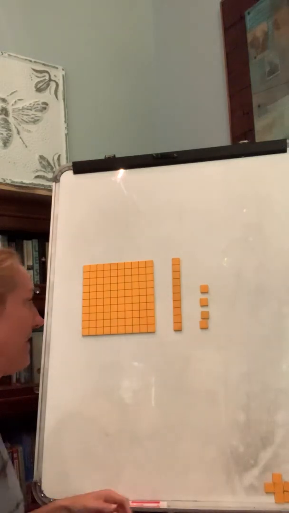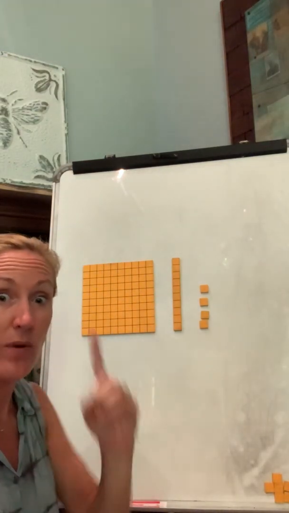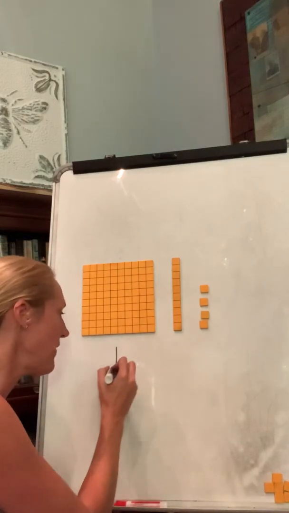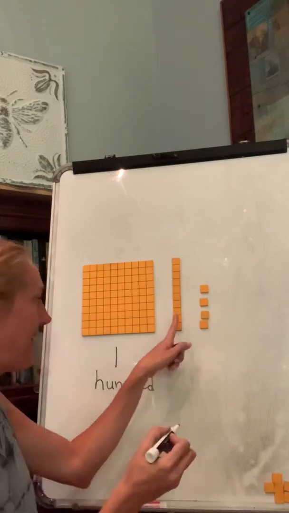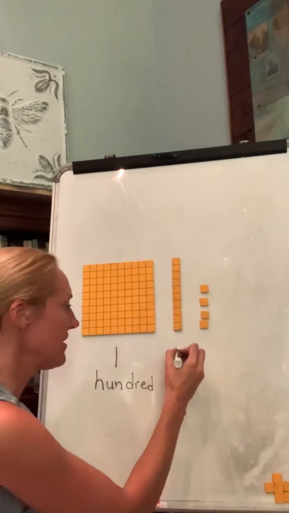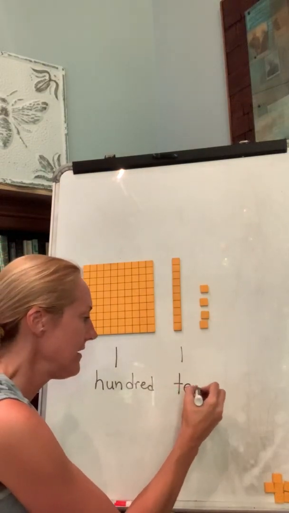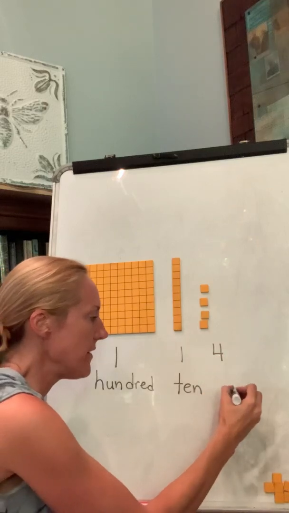Well, let's look at it. This group right here is 100, and we have one of those. So we have one group of 100, so it's 100. And then it's 1. How many squares are on this? It's a 10. So this is 110. And this is 1, 2, 3, 4 ones.